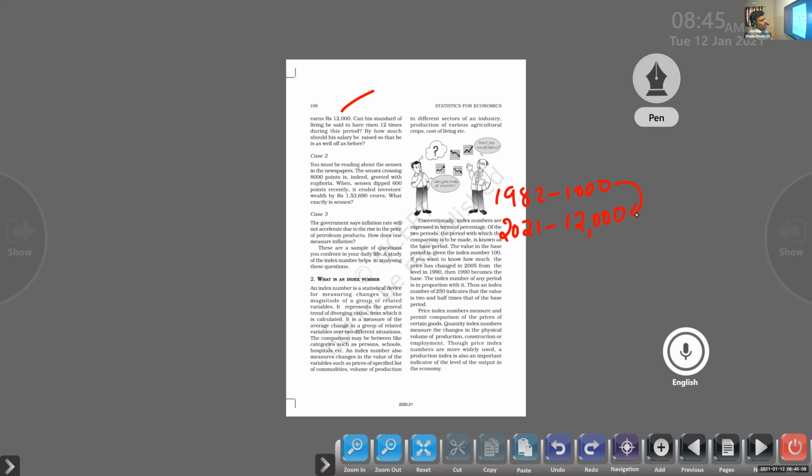The price of the commodities also increased. Clear? When I was studying in class 1 or 2 or 3 or 4, we bought a pen for 1 rupee, 50 paise, 2 rupees maximum. The most costly pen was Reynolds, for 5 rupees.